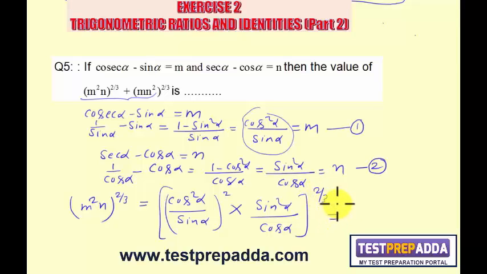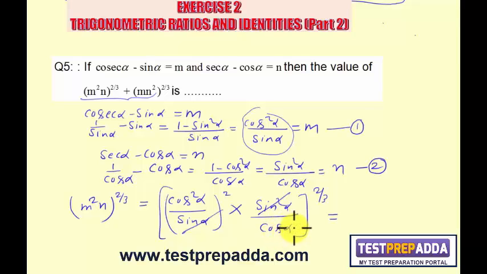Now, if you look at this carefully, sin square alpha here and sin square alpha here will get cancelled. Now, cos to the power 4 alpha here, and here it is cos alpha.